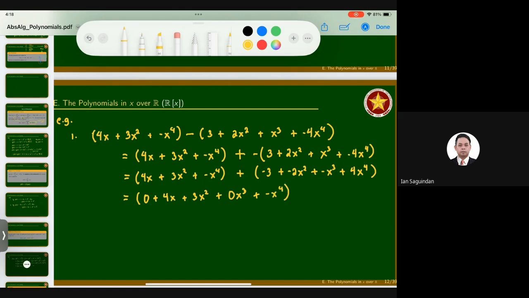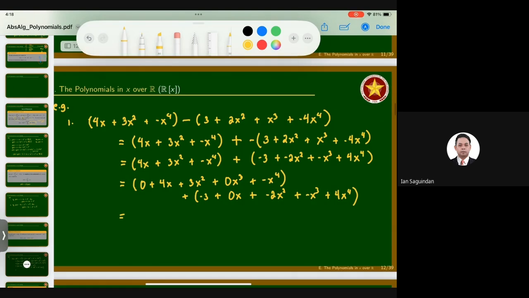And for the second term, we have the negative of 3 plus 0x plus negative 2x squared plus negative x cubed plus negative 4x to the fourth. So according to the definition of the sum, component-wise addition prevails.